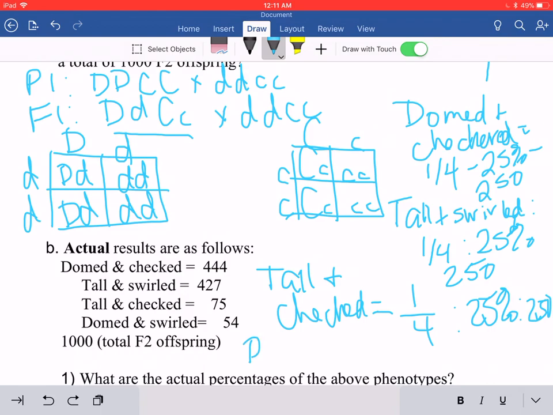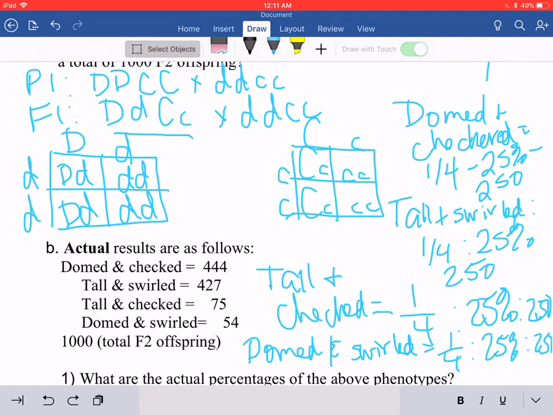And then finally we have domed and swirled, which again is going to equal 1/4 or 25% or 250 individuals. Okay? Now, let's keep reading.